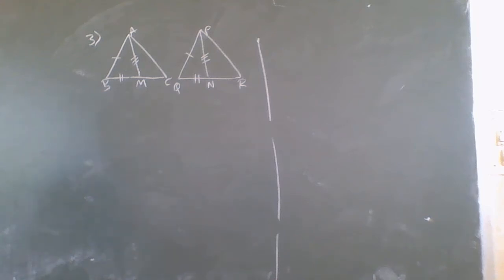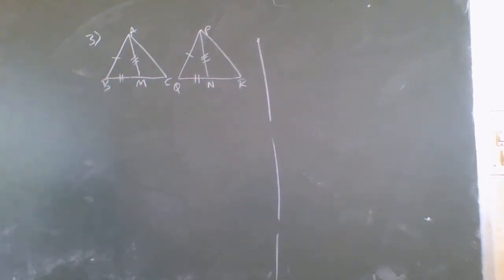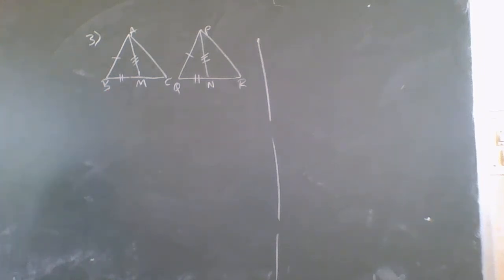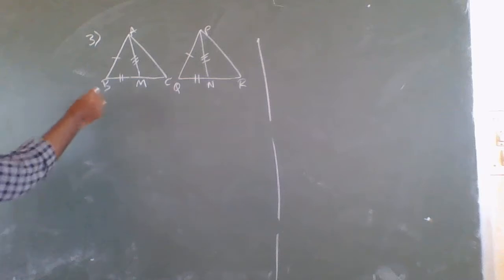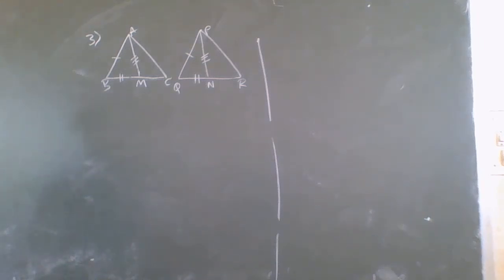Here they are asking: two sides AB and BC and median AM of one triangle ABC are respectively equal to sides PQ and QR and median PN of triangle PQR.